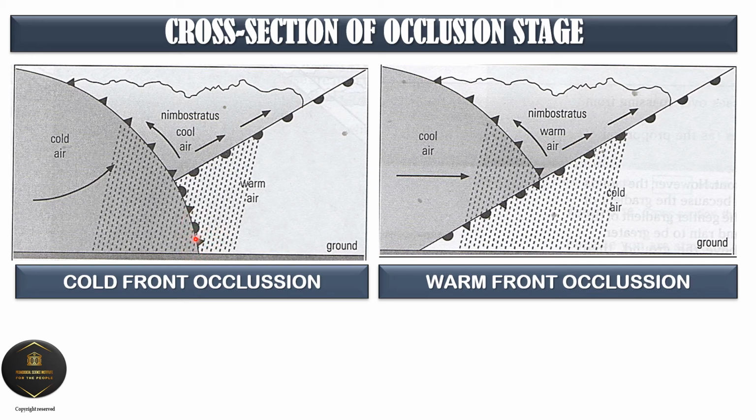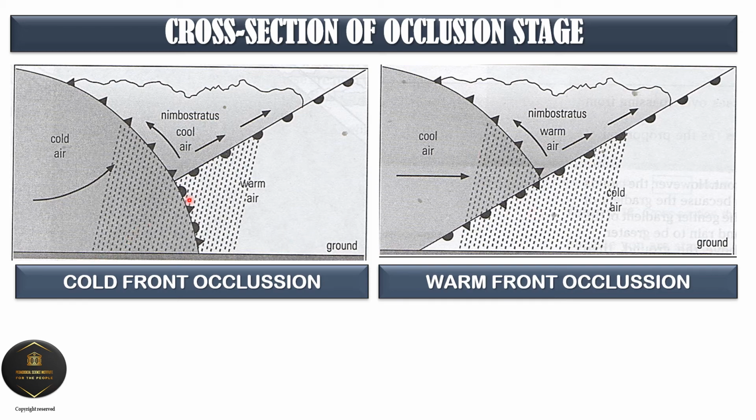So the first symbol there is a triangle. Now with warm front occlusion, the first symbol there is the warm front symbol, so that is warm front occlusion. So you need to be able to show that in the exam. And remember, warm front occlusion is a result of the warm front catching up with the cold front.